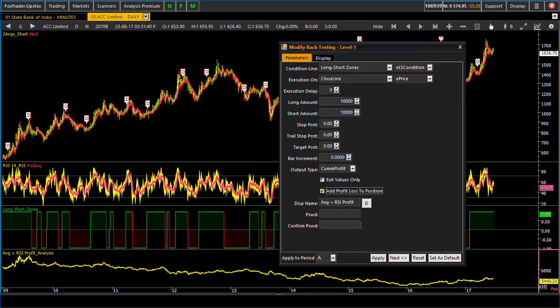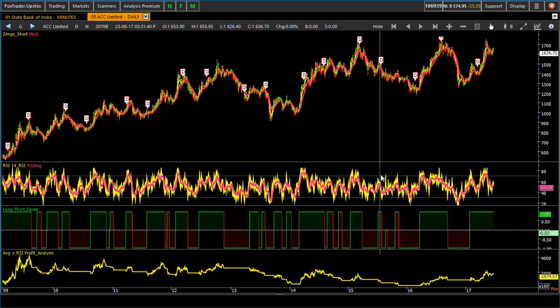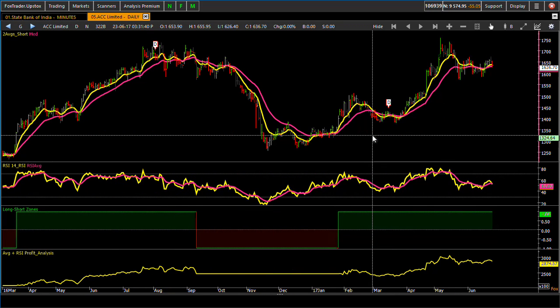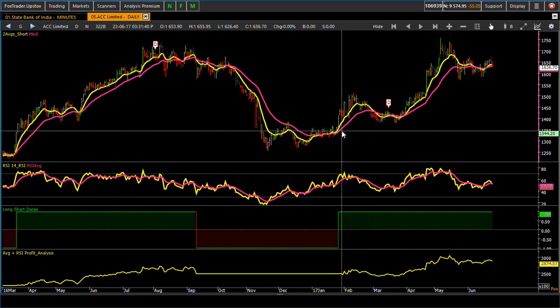So if I choose this option and click apply here, previously the profit that I was getting was somewhere around 54,000 rupees. Now it is 2874 into 100, so it is 2,87,000 rupees now. So just look at the shift. Previously, without that feature, on investing 10,000 rupees, I have to pay for the trade if I made a loss on my previous trade, and I don't know how much I will have to pay.